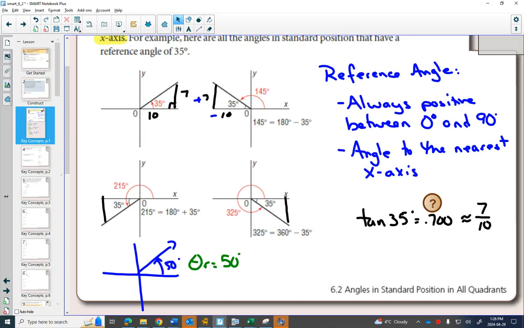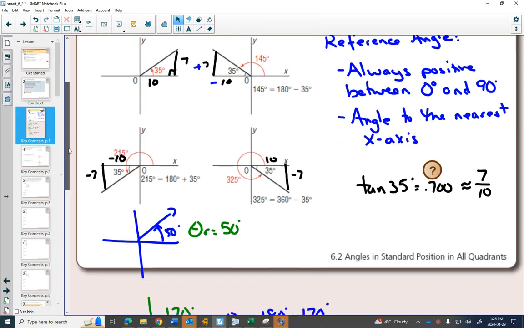In quadrant 3, I'm going down. So this length would be negative. I'm going to the left, that would be negative. And a negative over a negative makes positive. And so for tangent in quadrant 3, it was positive again. And same thing, if you went to quadrant 4, this side would be positive, this side would be negative. And so tangent is negative.